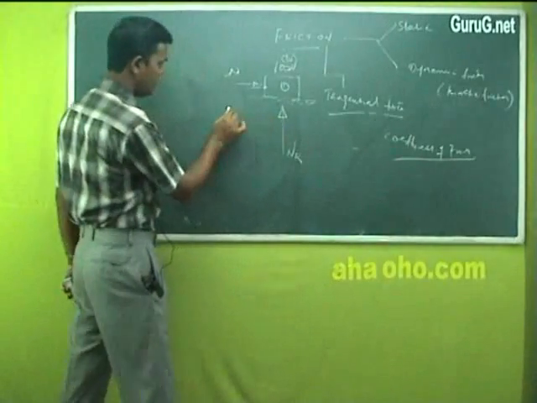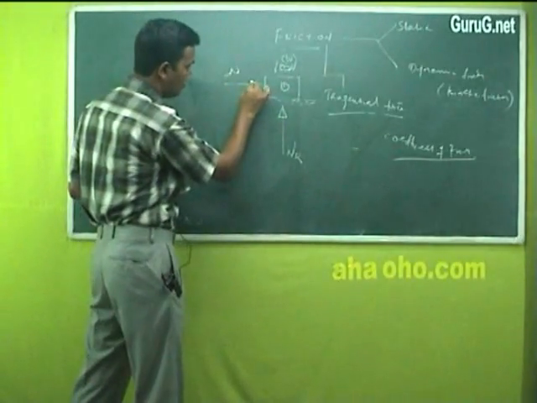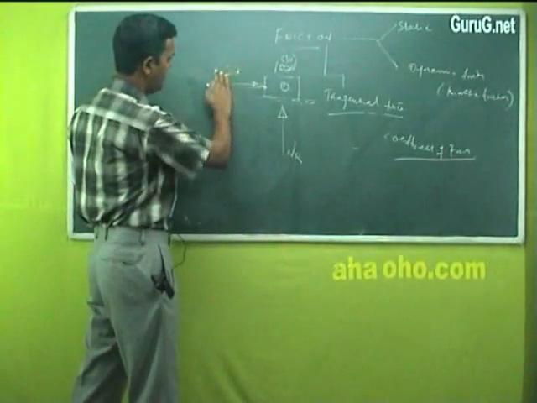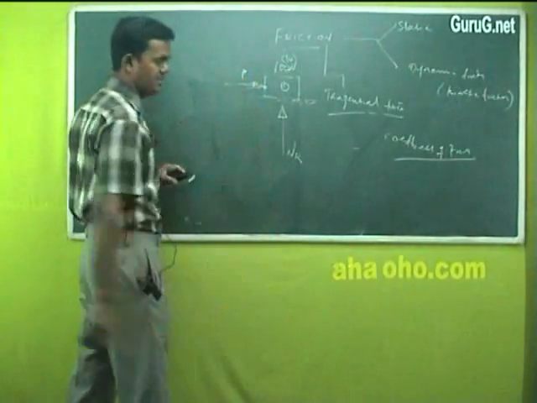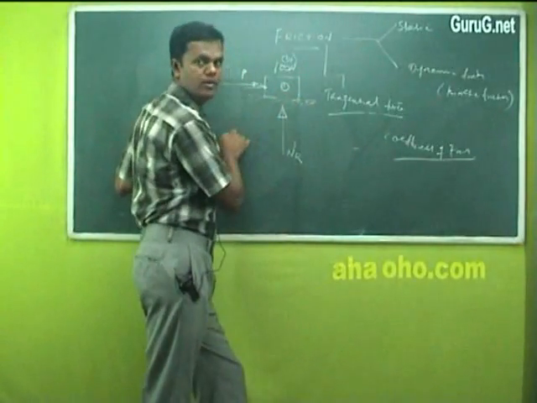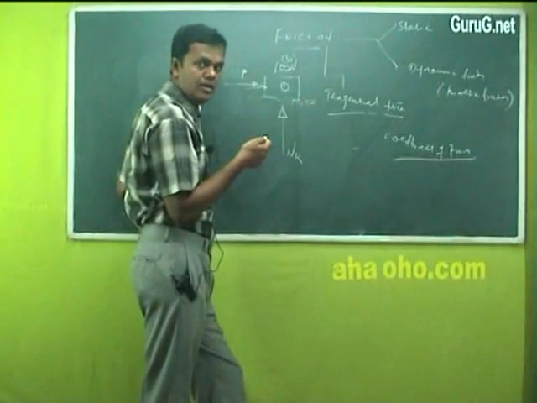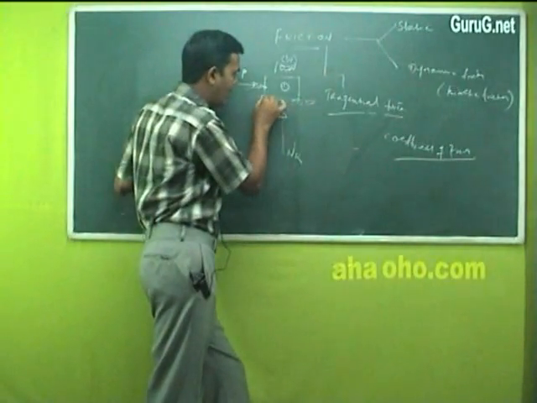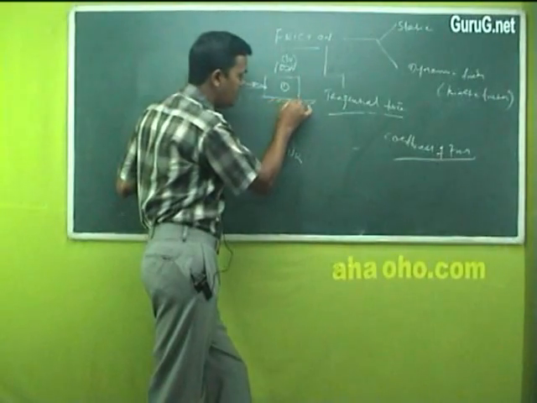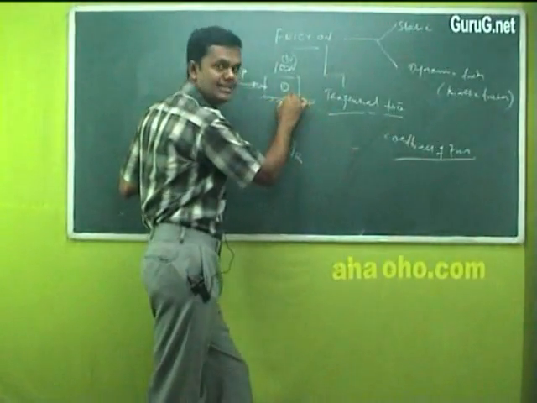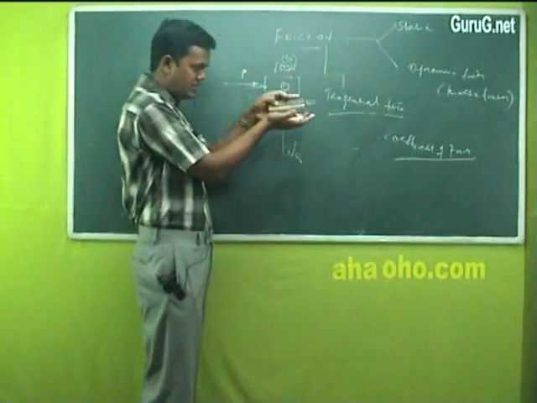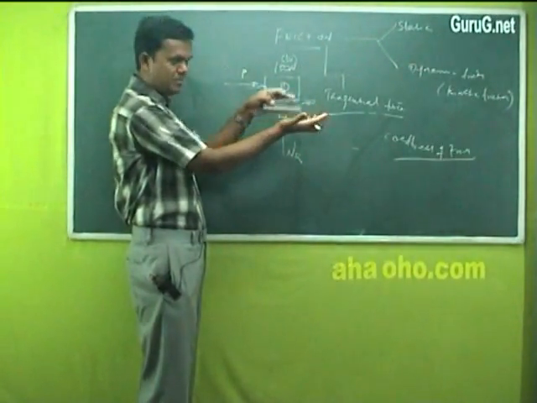Suppose I just want to move this body. As I told you, I am applying a force. I need not take any value, just take a symbol P. This force I am applying, the body is going to move. When it moves, I have to overcome a value of friction which exists in this contact surface. Which means I am trying to move this duster past my hand.